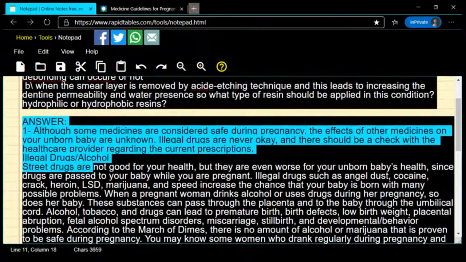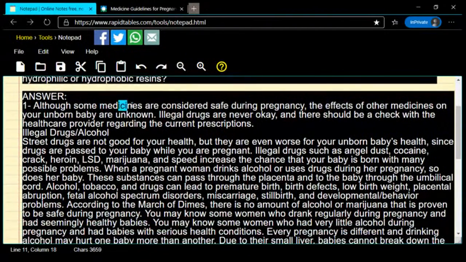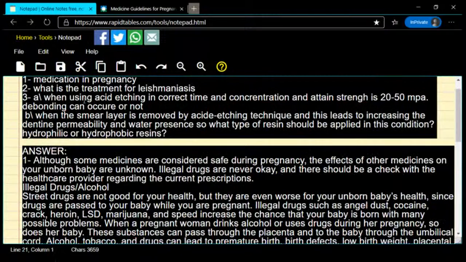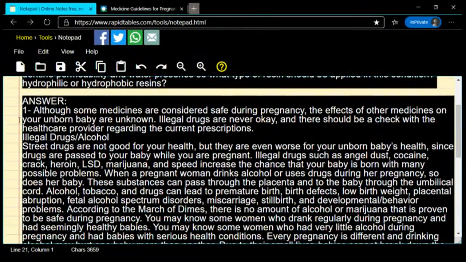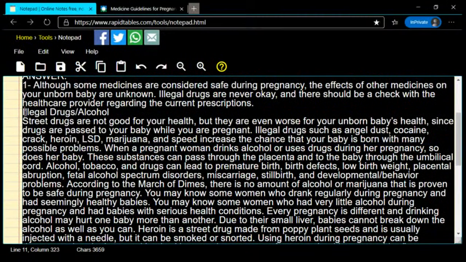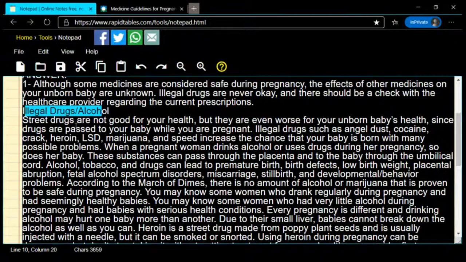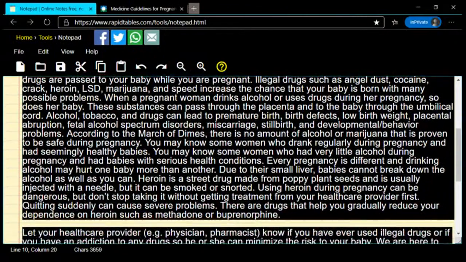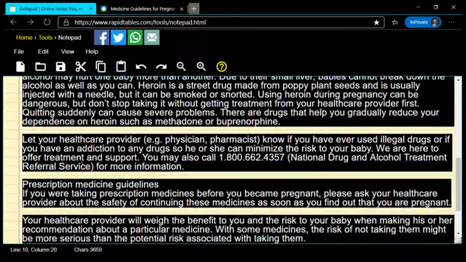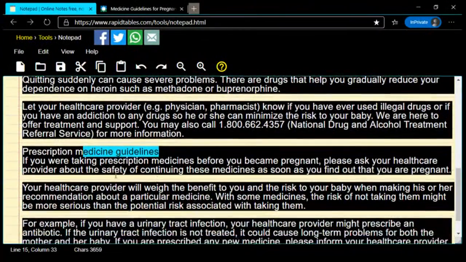Then we have illegal drugs, miscarriage, and we have prescription medicine guidelines.